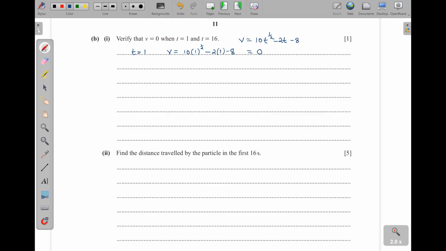This one gives us 0, 10 minus 10. And then for t is equal to 16, v will be equal to 10 into the square root of 16. That will give us a 4, then times 10, that is 40, minus 2 times 16, that is 32, minus 8. So minus 32 minus 8, that is minus 40, and then 40 here, that means this one goes to 0, as simple as that.